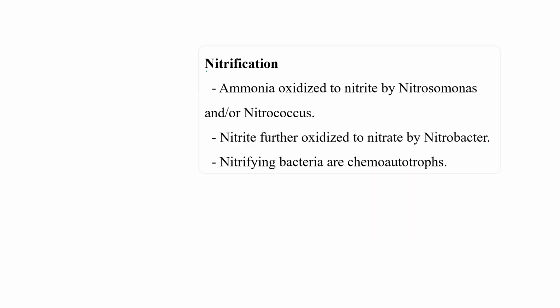And what is this nitrification? The same conversion of ammonia into nitrite or nitrate, right? This is known as nitrification. So what is written over here? Ammonia is oxidized to nitrite by some bacteria known as Nitrosomonas or Nitrococcus.